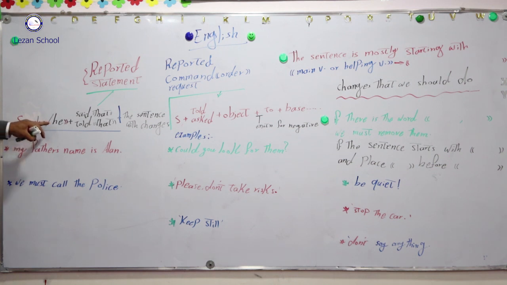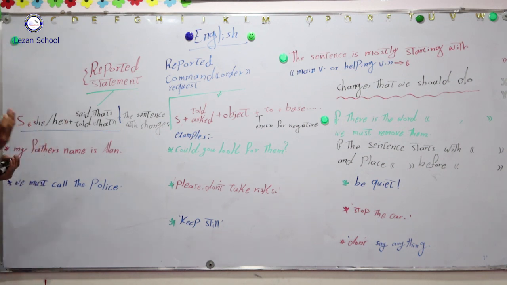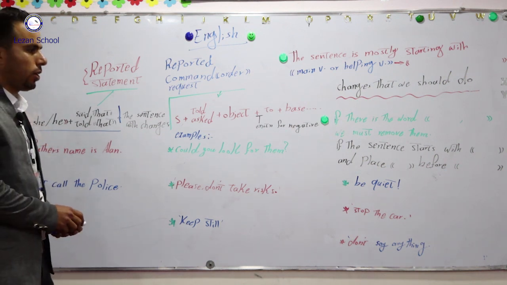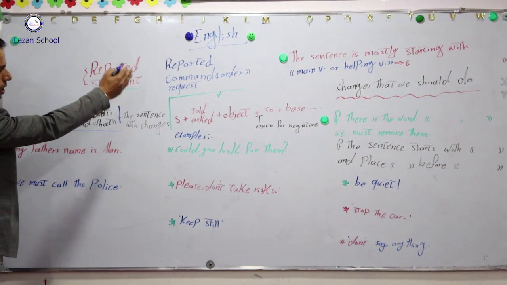The subject could be she or he. But me, I am, it's he. I'm not she. But you can write down she or he, because if in the exam I ask you the same sentence, you don't know whose father that is. It's just for revision. This is our new lesson.